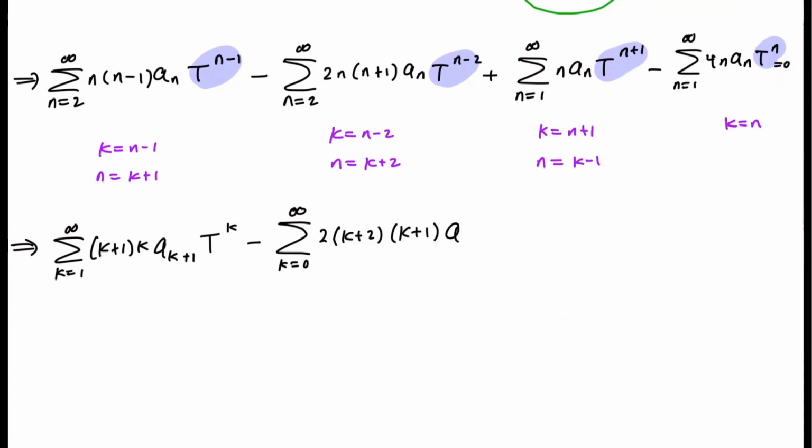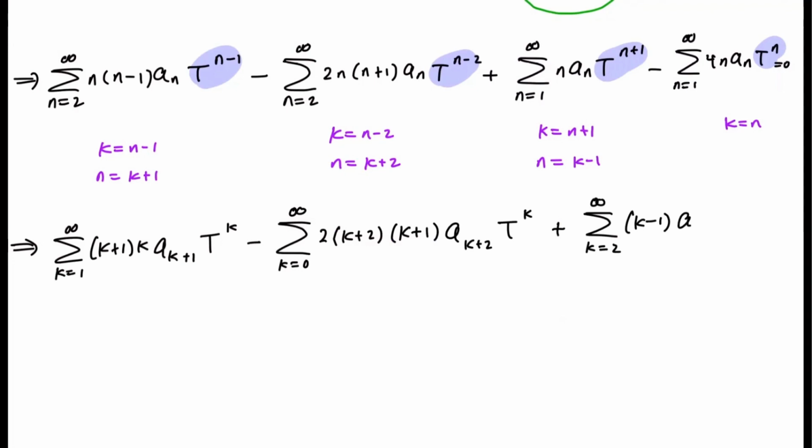A sub n is a sub k plus 2, and then t to the k. The third summation, again, following that substitution, now if n starts at 1, k will start at, looks like here, if n is 1, k is going to start at 2. And then all the way to infinity, n is k minus 1. And then we can sub in for a sub k.